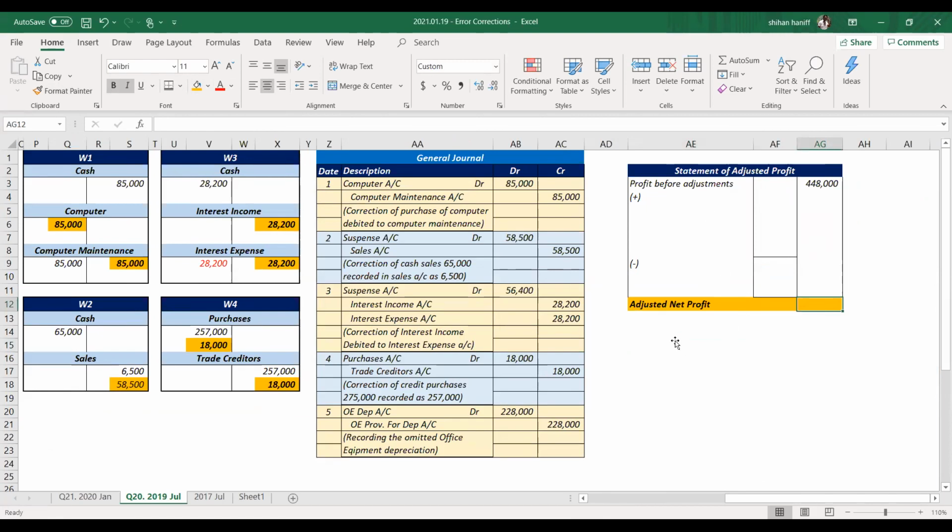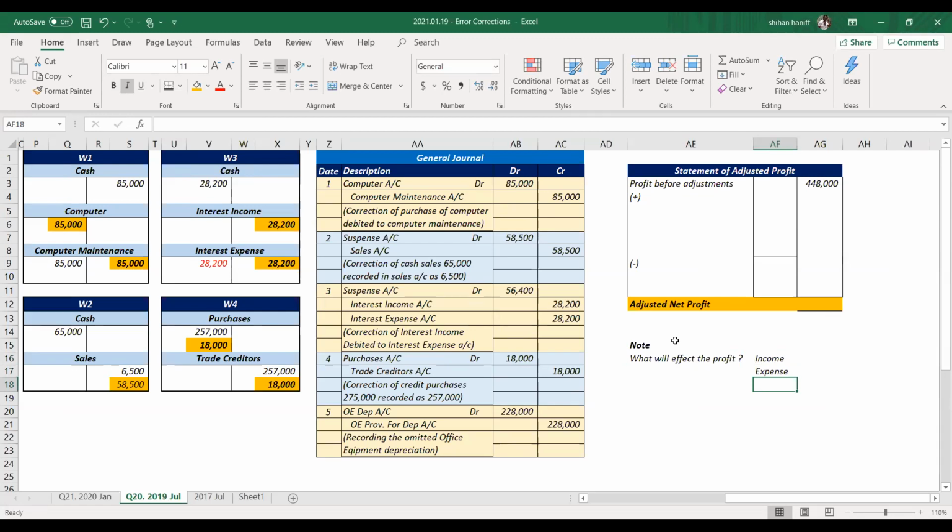Right. So what will affect the profit? There are two things which will affect the profit. What are those two? Either it will be income or expense.